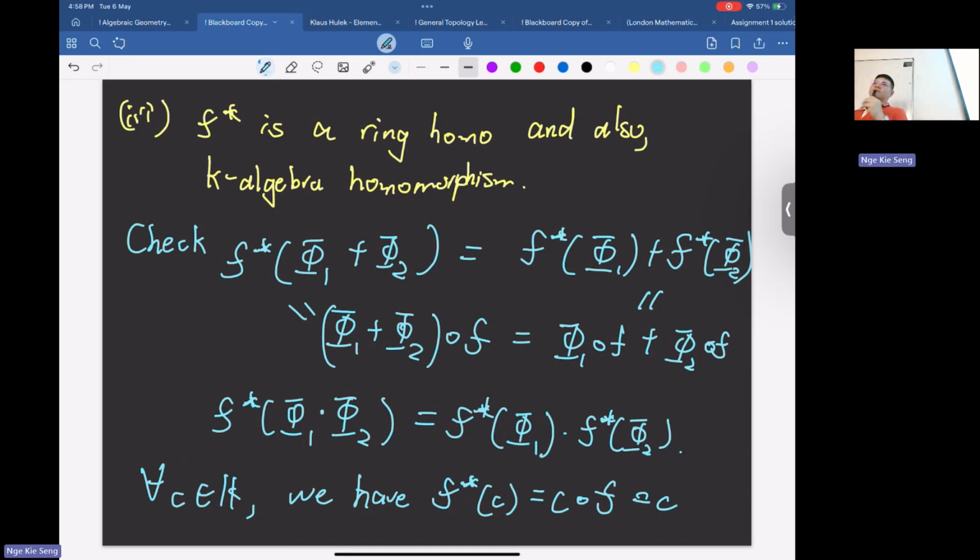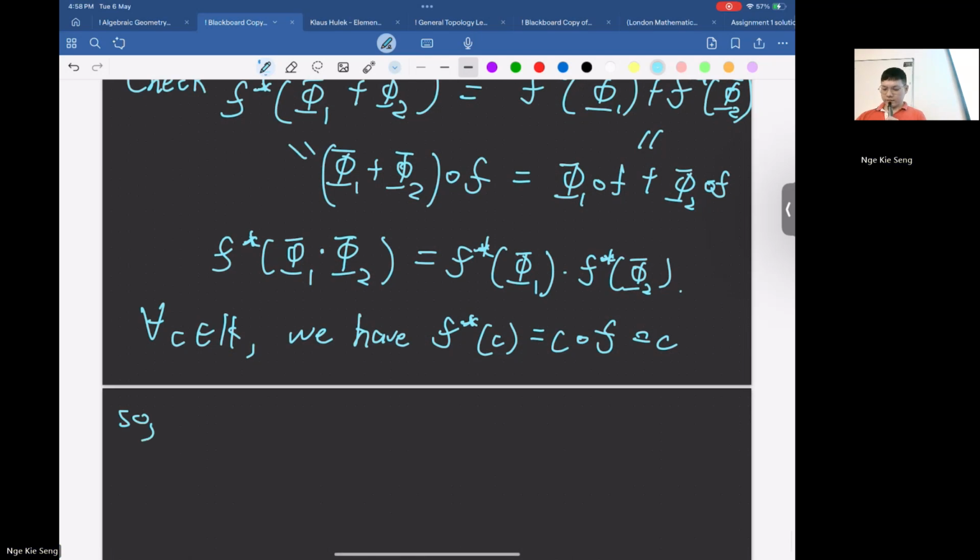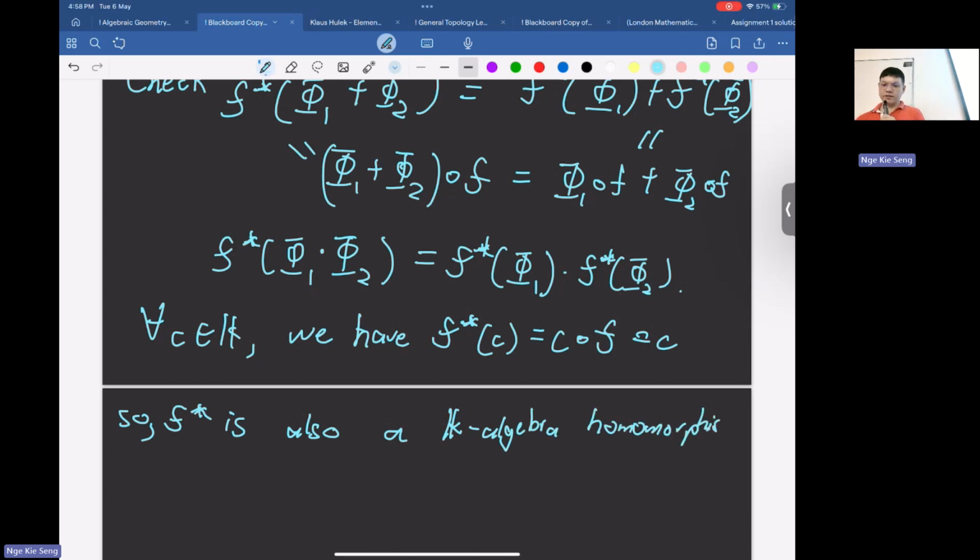No matter what f does, you send back to C again. So actually it's a constant. So this tells you that f star is also a K algebra homomorphism. So the morphism that you need on your constant is this map here, preserving your constant.